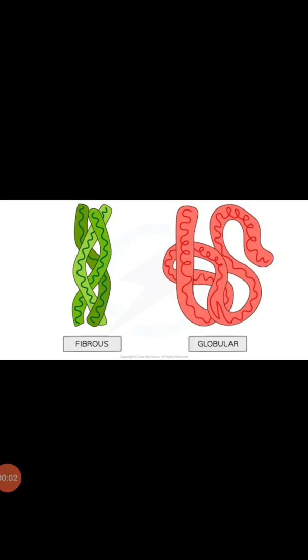Let us briefly summarize and revise the difference between fibrous proteins and globular proteins. Fibrous proteins, they have thread-like structure, whereas globular proteins, they have coiled and spherical structure. Fibrous proteins, they are insoluble in water and globular proteins, they are soluble in water.